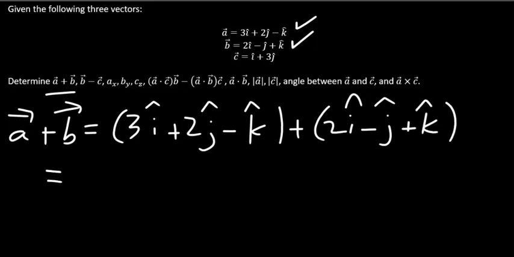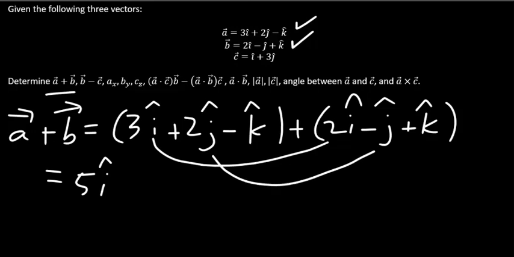So of course the rule is i goes with i, j with j, and k with k. So 3i plus 2i gives you 5i hat. 2j minus j is 1j hat, and minus k hat plus k hat is 0. So that is the answer for A plus B.